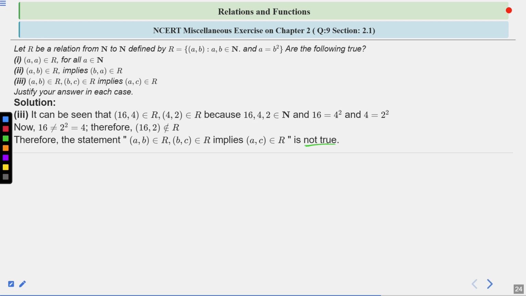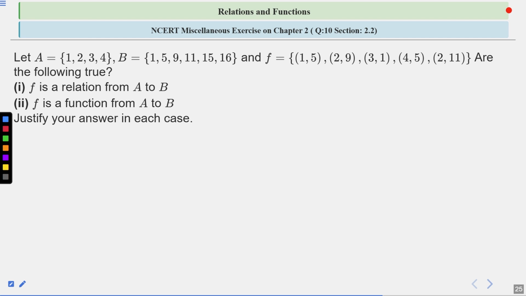This question: a set A with 4 elements 1, 2, 3, 4, a set B with 6 elements 1, 5, 9, 11, 15, 16, and you are given a relation F with 5 ordered pairs (1, 5), (2, 9), (3, 1), (4, 5) and (2, 11), and you are provided with 2 statements.